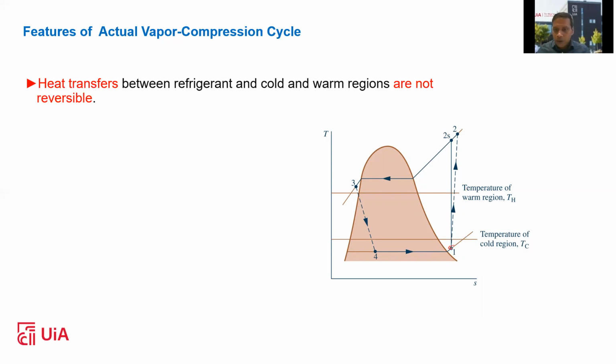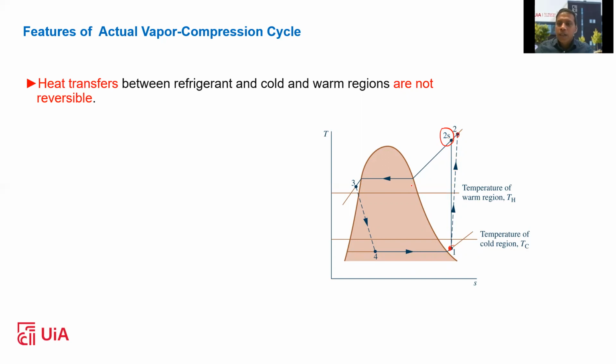So you got point 1 in here. And now, I told you there should be some losses in the compressor. There should be some losses in the pipe. If there is no loss, you can reach point 2S, so 2S is for the ideal case, but in reality you may reach this point 2 in here.